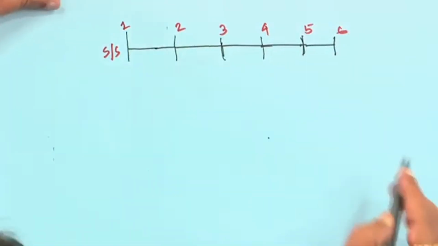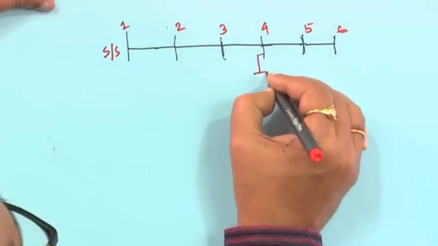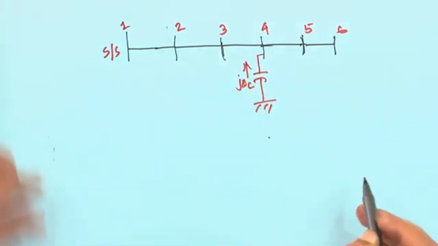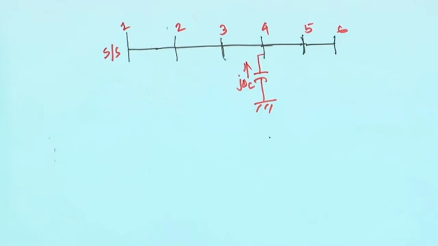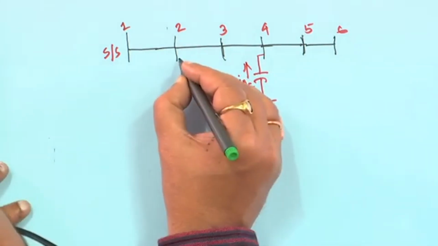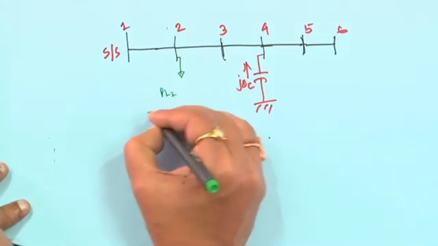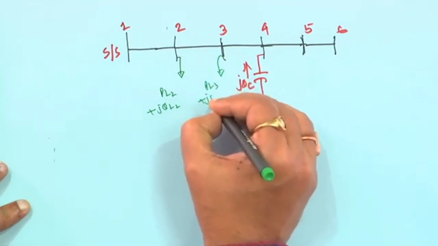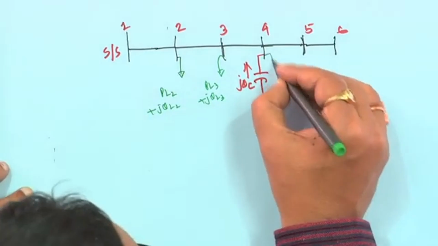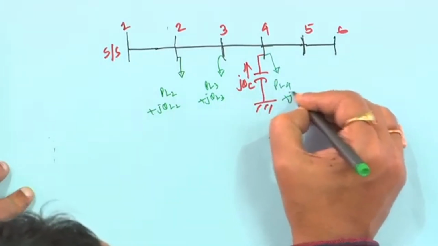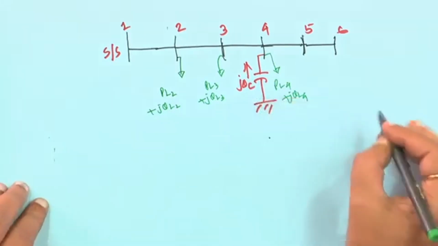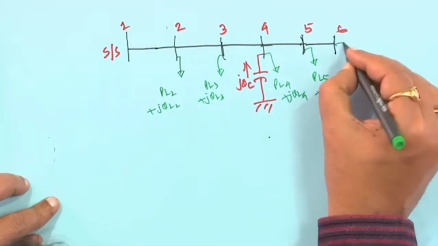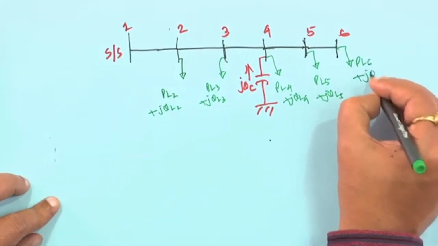As our objective is now the capacitor, suppose we have connected a capacitor here, so jQC is injected. Everywhere there is load: PL2 plus jQL2, PL3 plus jQL3, PL4 plus jQL4 along with the capacitor connected at node 4, PL5 plus jQL5 and PL6 plus jQL6.